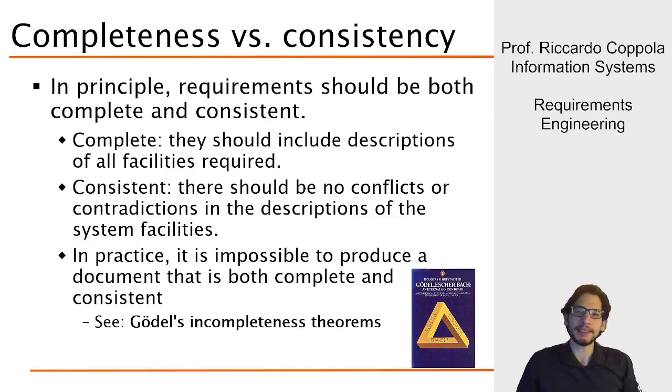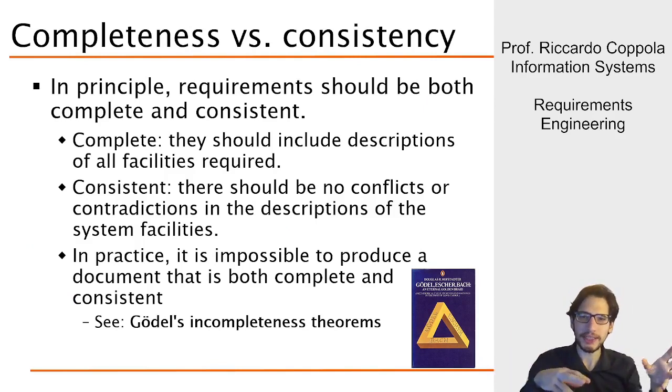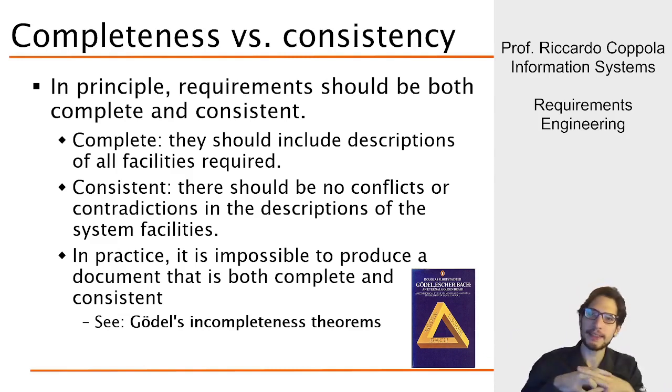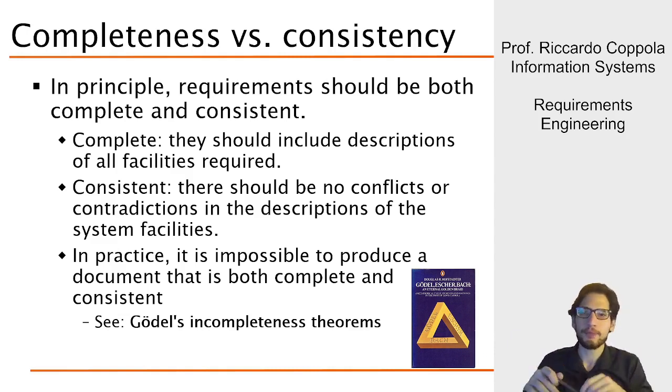Typically, what happens is that I try to have complete requirements and I try to have consistent requirements. And these two aspects typically fight each other because they are difficult to reconcile. The idea is that complete requirements include all the aspects of the system. Consistent requirements don't have contradictions.